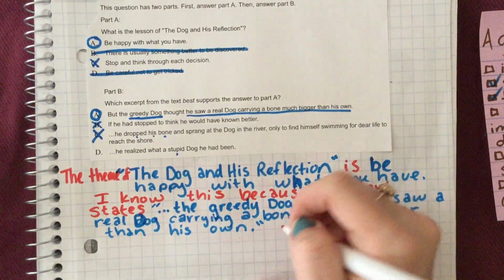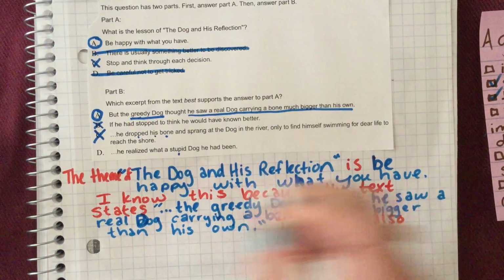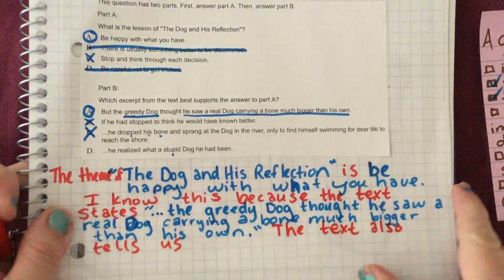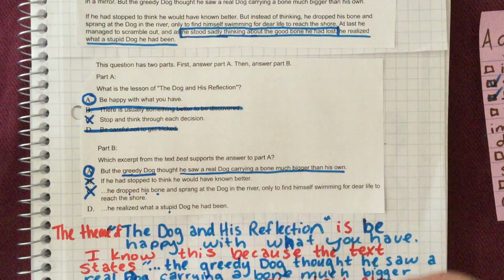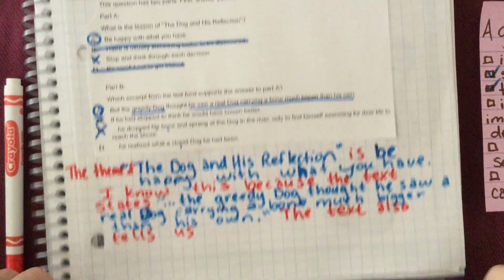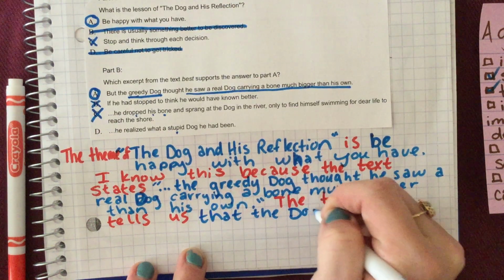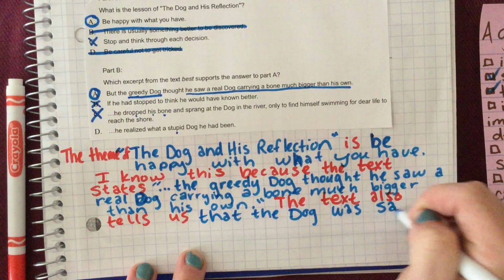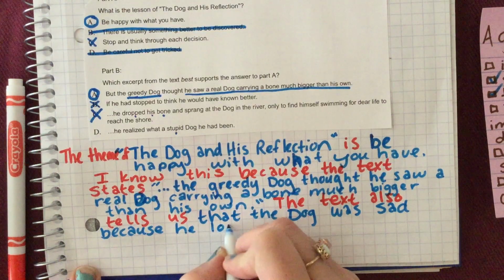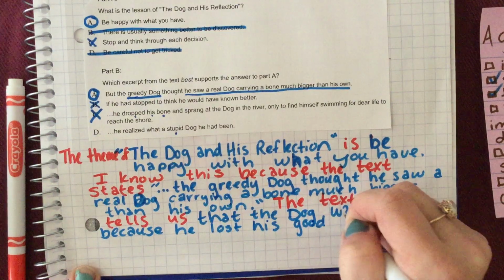So I'm going to say, the text also tells us, now remember, I don't have to use exactly the words from the text. I can use my own words as long as I'm getting the same message across. So the text also tells us that the dog was sad because he lost his good bone.